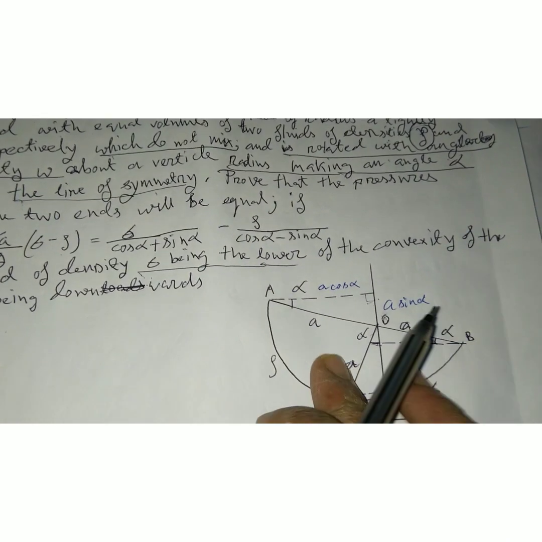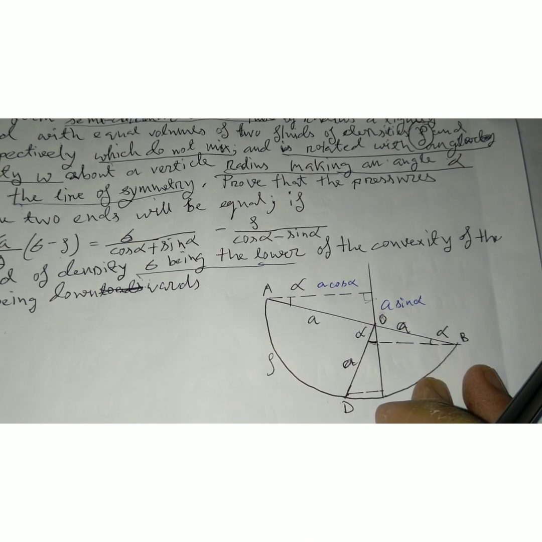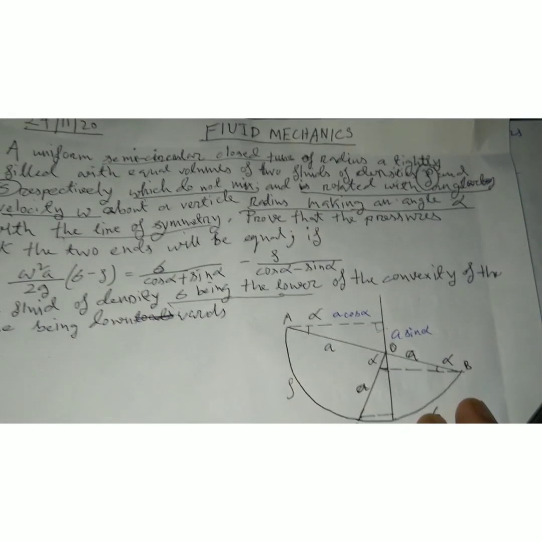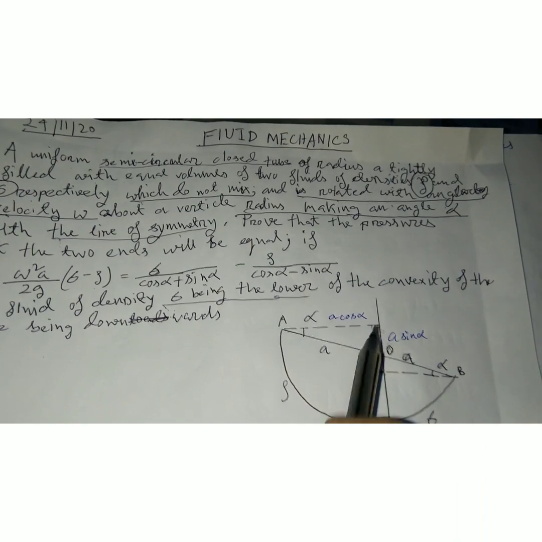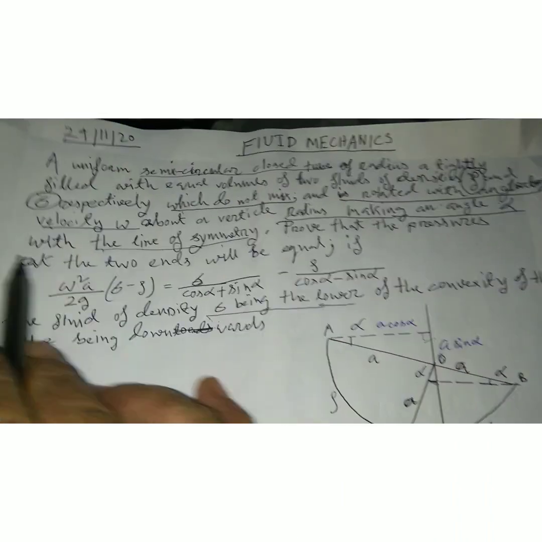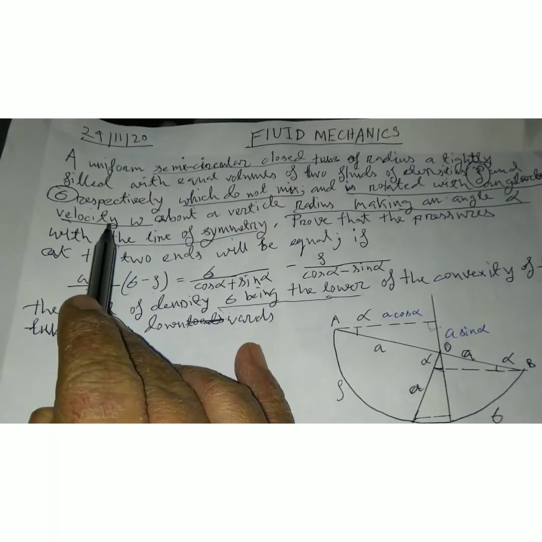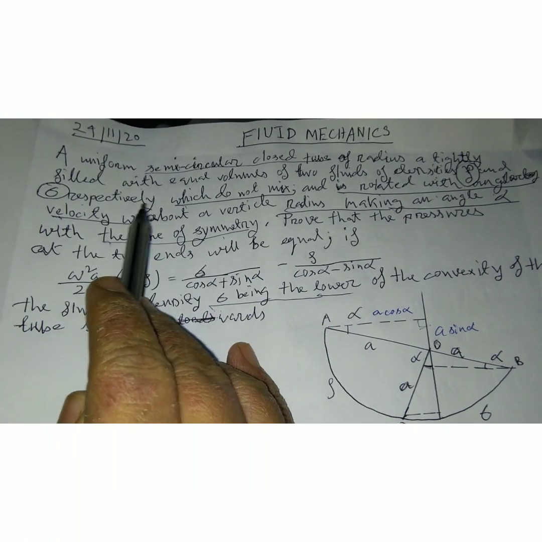You must note that sigma is the lower density, of the two fluids of densities rho and sigma.